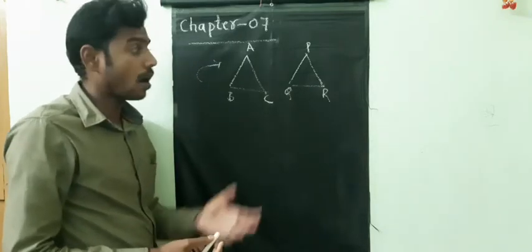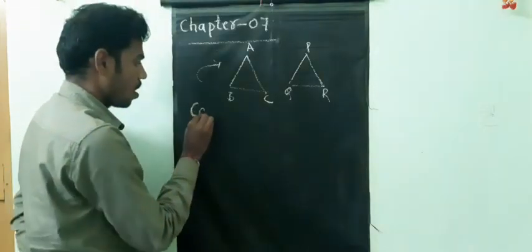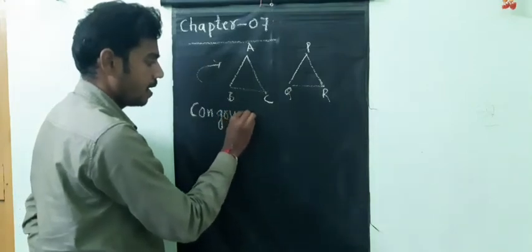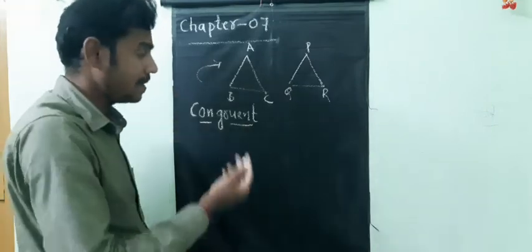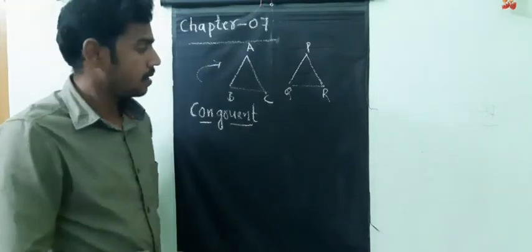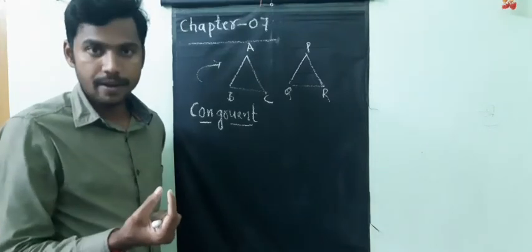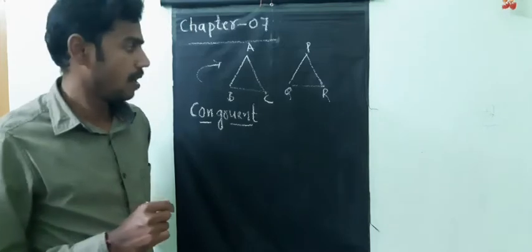What do you mean by congruent or identical? Already you might have studied it in 7th standard. Congruent means exactly identical. See, coins which are minted in the same year are identical.